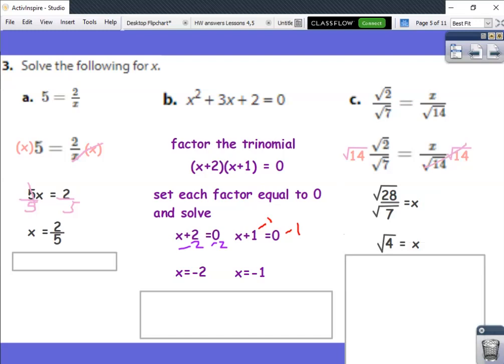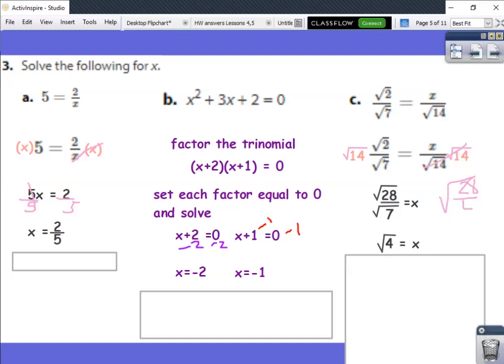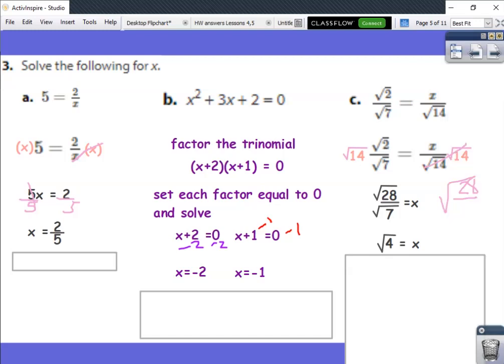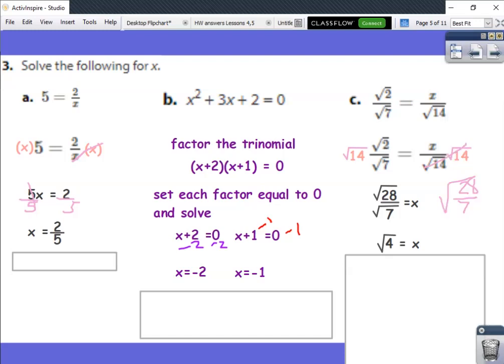You could write these as square root of 28 over 7. So 28 over 7 is 4. And the square root of 4 is 2.